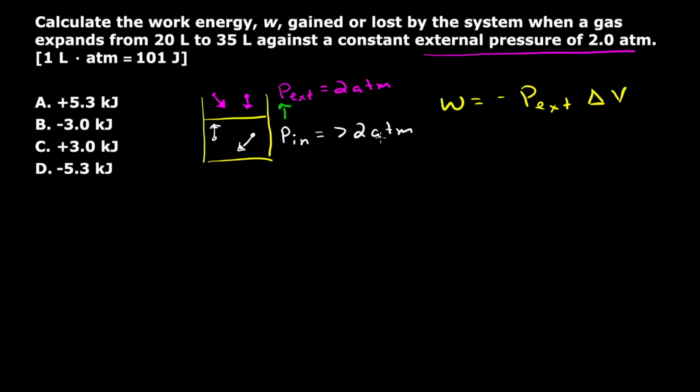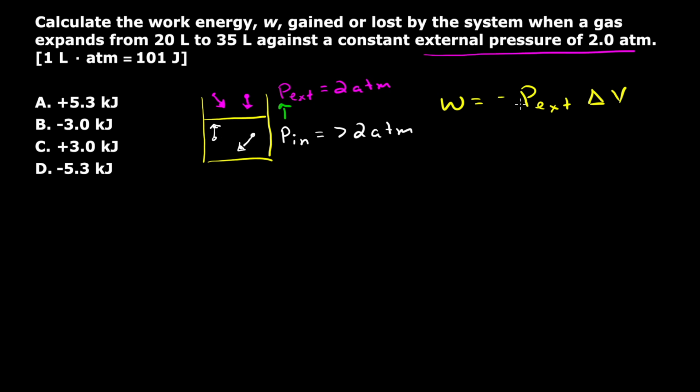If the pressure in here is, let's say, 3 atm, it will decrease because the volume expands until it equals the external pressure, and then the pressure is equalized on the outside and the inside. So the internal pressure is always changing, so you don't want to use that one. Instead, you'll use this one right here.